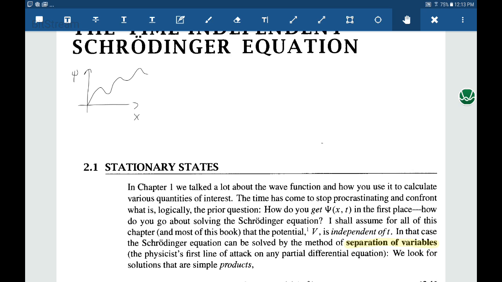For every value of x, there's a unique value of psi. That's what we call a function. We cannot have something that, say, looks like this, because now for a value of x, we would have two different values for psi. So that is not a function.